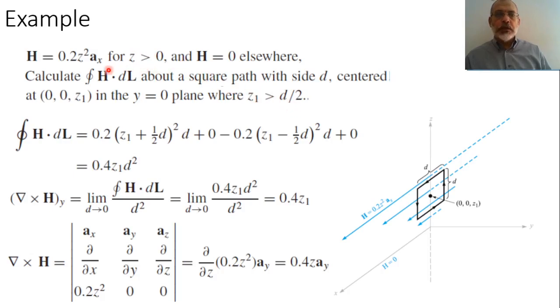So if I'm talking about H dot dl in a closed path, it is the value of H at z equal to d over 2, and the value of y is 0 in the plane y equals 0.